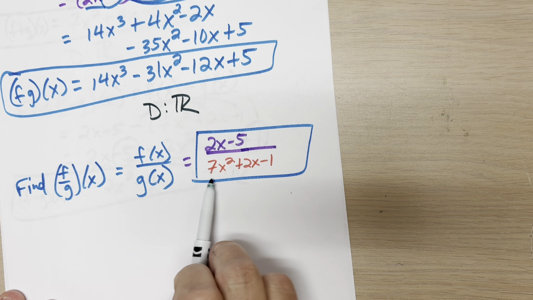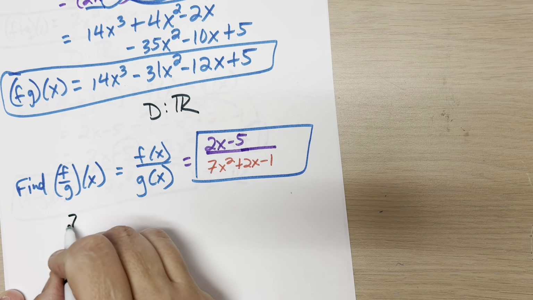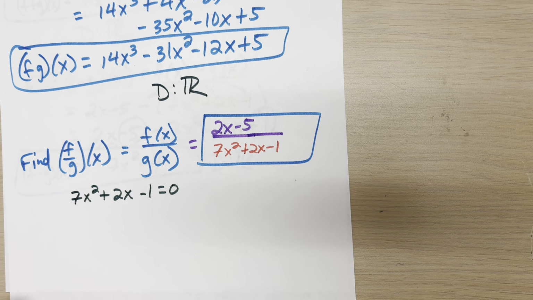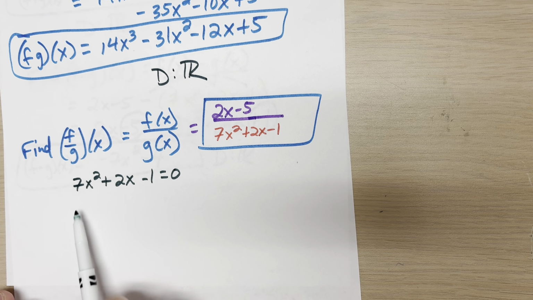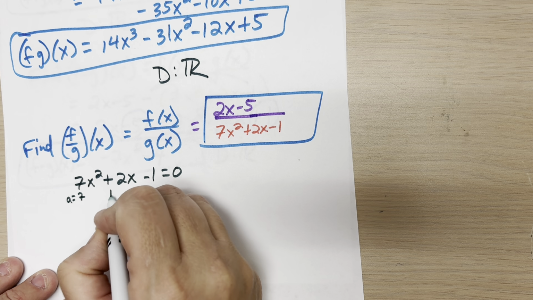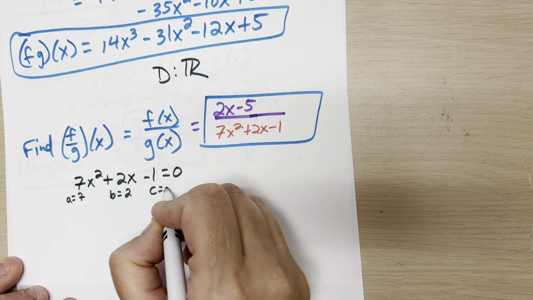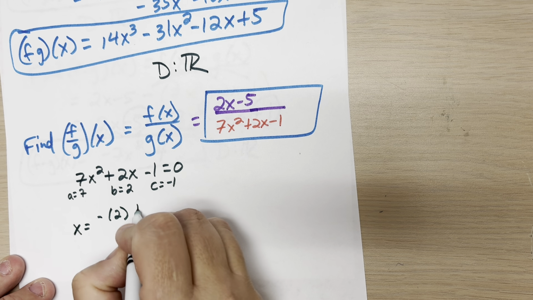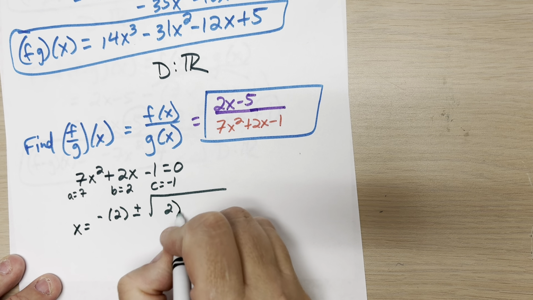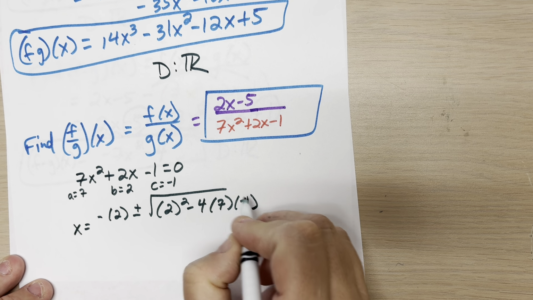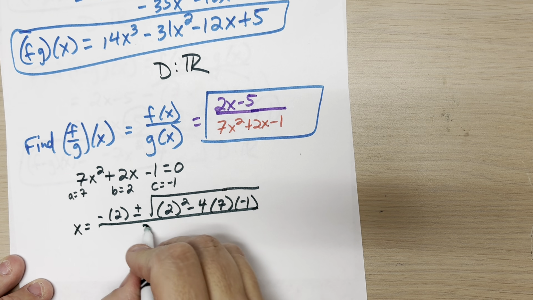For there to be an issue in the domain, the denominator has to be equal to 0. So I'm going to take what's down there and set it to 0. Like I mentioned a second ago, unfortunately, we're not going to be able to factor this thing. So we're going to have to plug it into the good old quadratic formula. x equals negative b plus or minus the square root of b squared minus 4 times a times c, all over 2 times a.